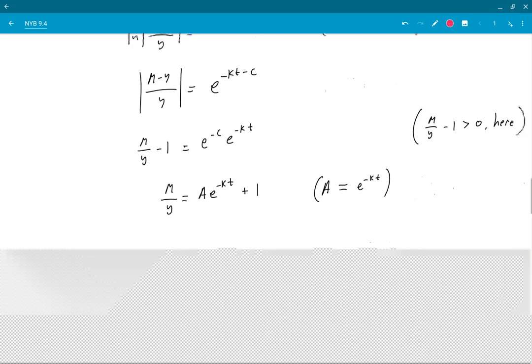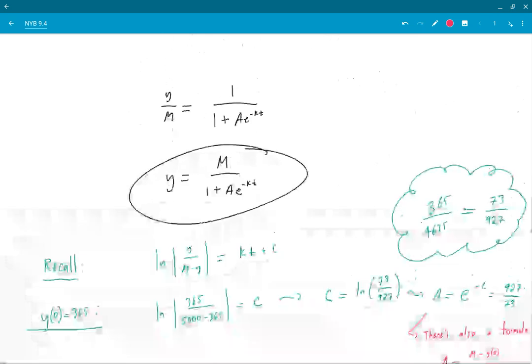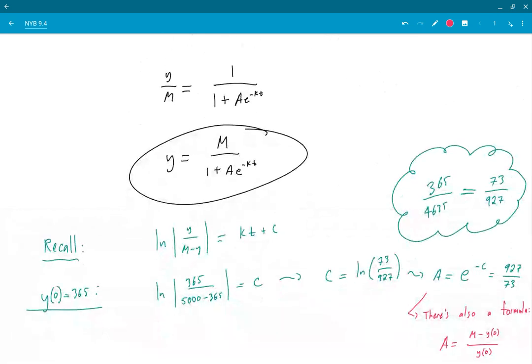Okay, soldiering on. I eventually arrive at this formula here for my population. So pause and copy that. Now I want to find A and I want to find K. So above I had this line, so I'll copy it again down here.